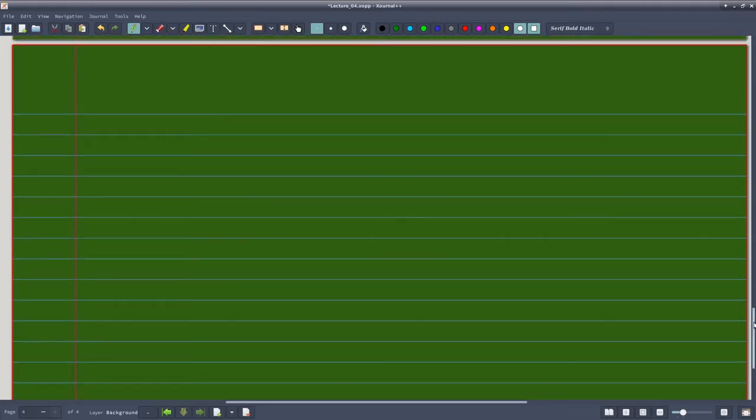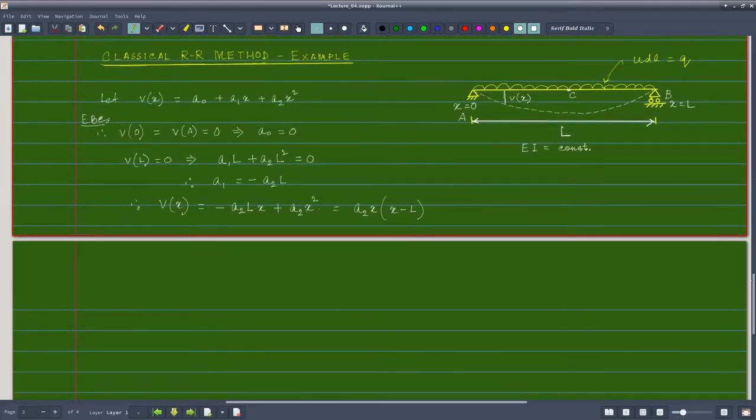Now let us find the total potential energy of the system for this displacement field V(x).